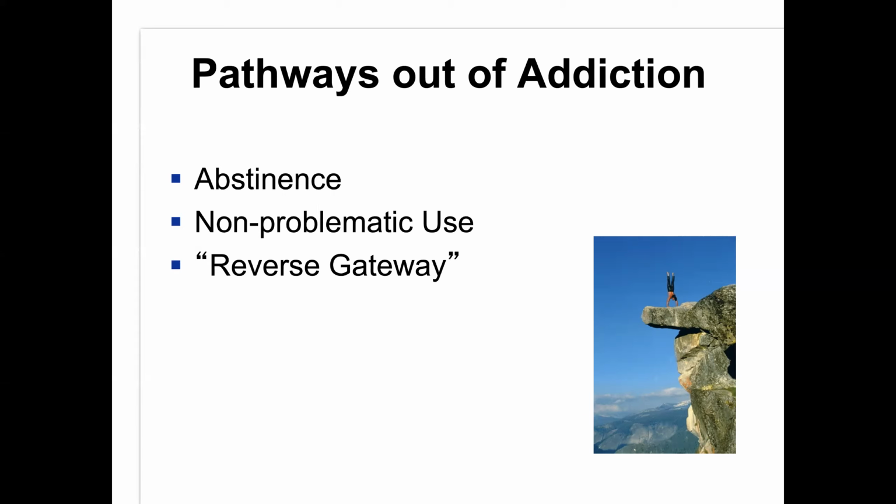However, scientific data have indicated that there are actually 3 pathways out of substance use problems: abstinence, non-problematic use, and something called the reverse gateway, swapping a less risky substance for a more risky one. Importantly, non-problematic use is a well-established outcome.